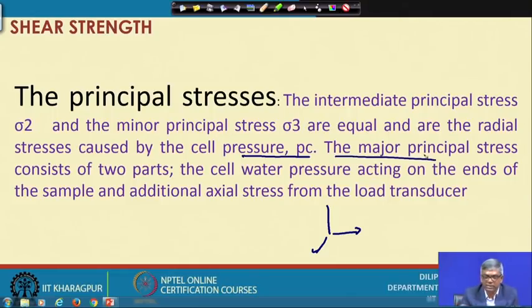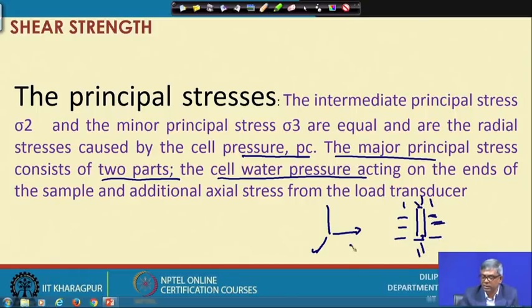The major principal stress consists of 2 parts. When your sample is there, we have given all round shell pressure, that is sigma 3, already there, and then we have applied delta sigma, the additional axial stress.